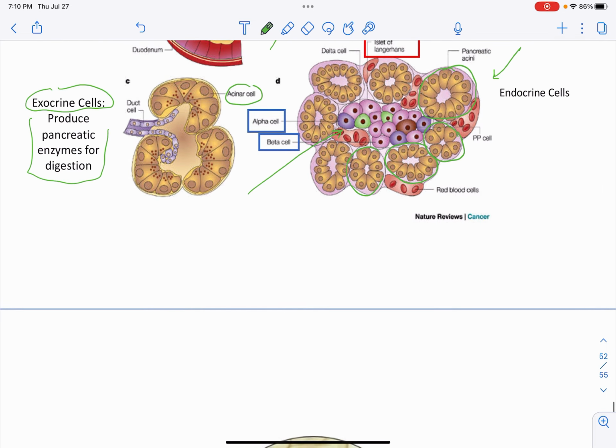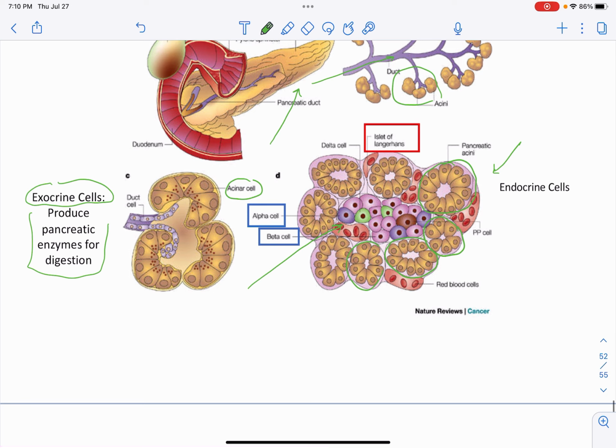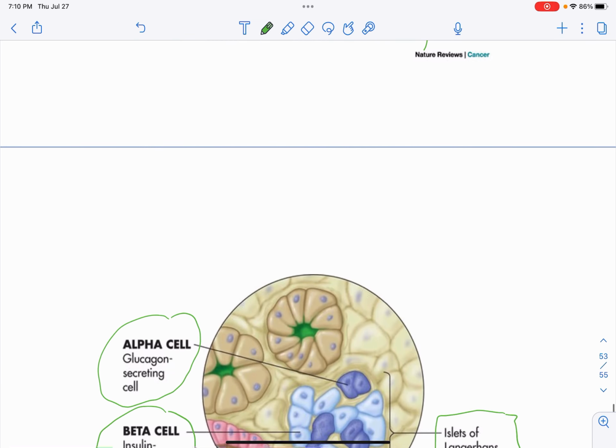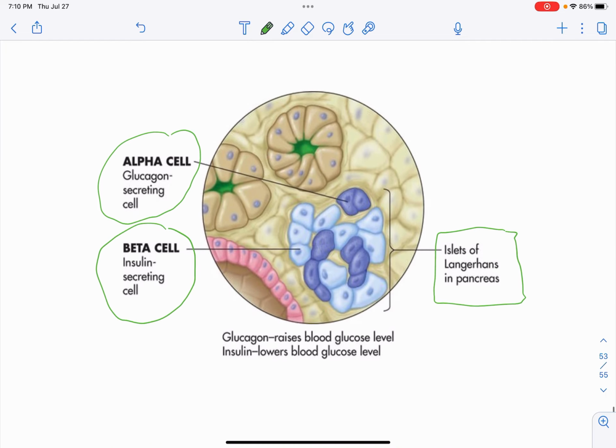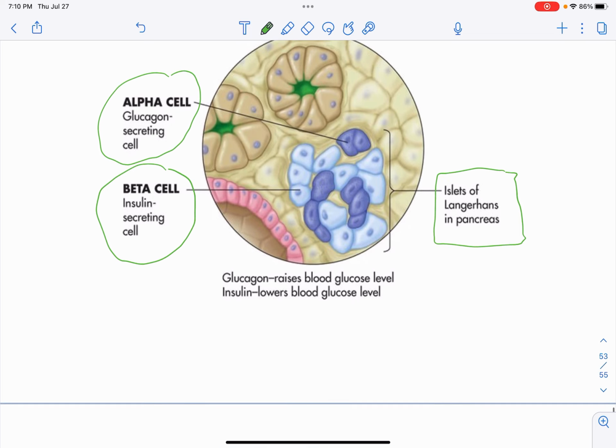So what you will see are the acinar cells here on the outside, and in the middle are the islet of Langerhans. So that's what you're seeing here in the middle. They're like islands, little islands, okay? Islets of Langerhans. And there, again, they have to do with blood glucose level. But that's really the extent to which I need you to know.